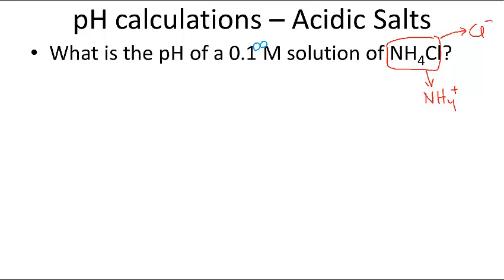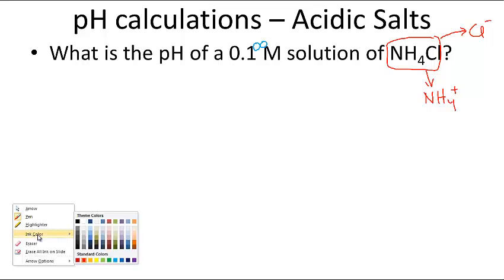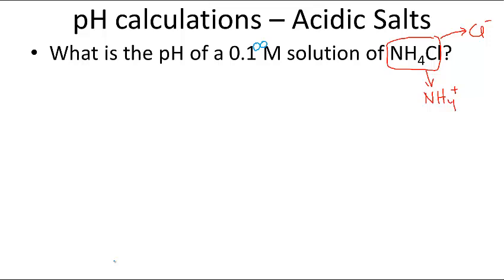Do we have reason to believe that Cl minus is likely to grab H plus from water? HCl is a strong acid. And remember, when we say strong acid, we really mean super duper strong acid. So when you put HCl in water, the chloride completely dissociates from the H plus. So chloride itself is unlikely to go grab H plus. So this is just going to be a spectator ion.